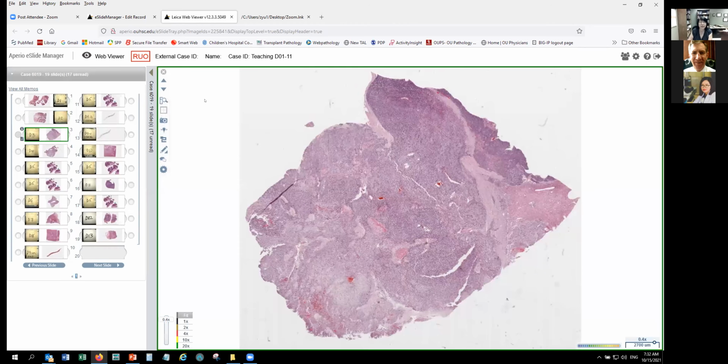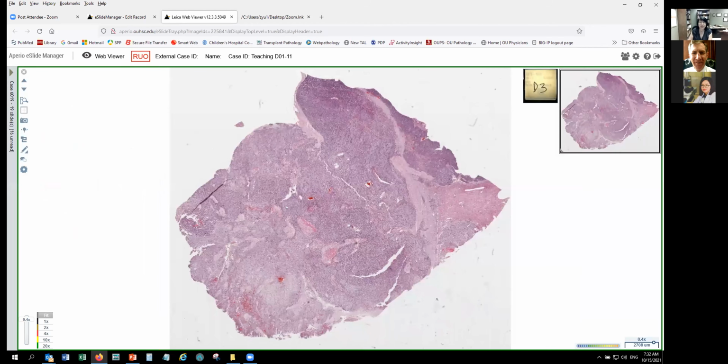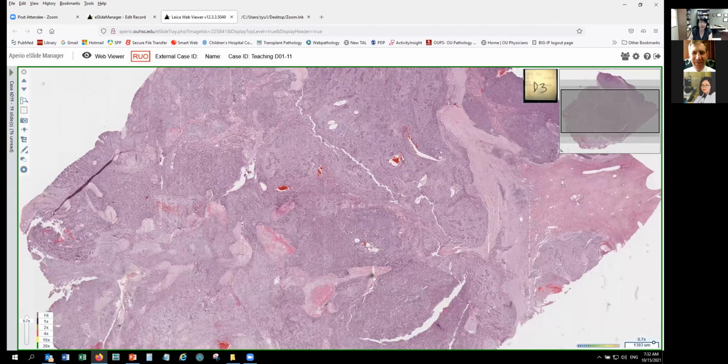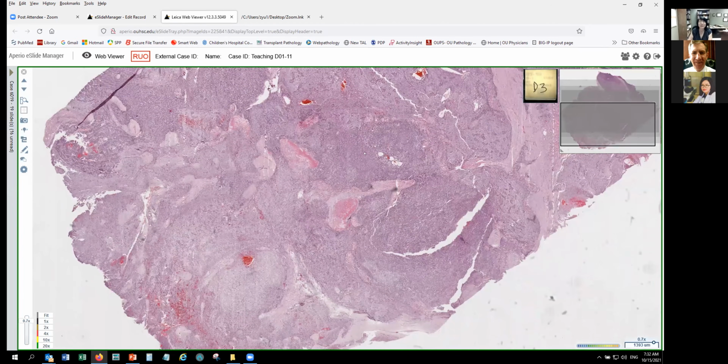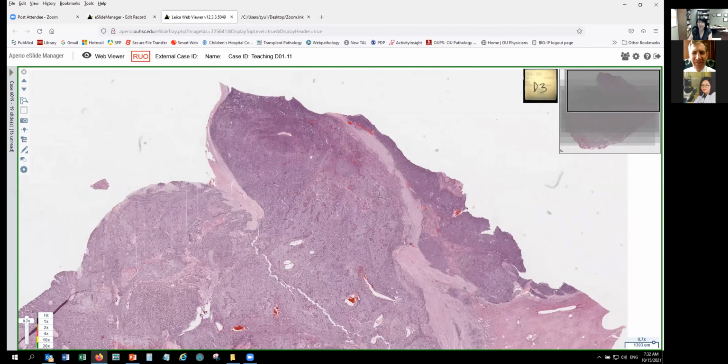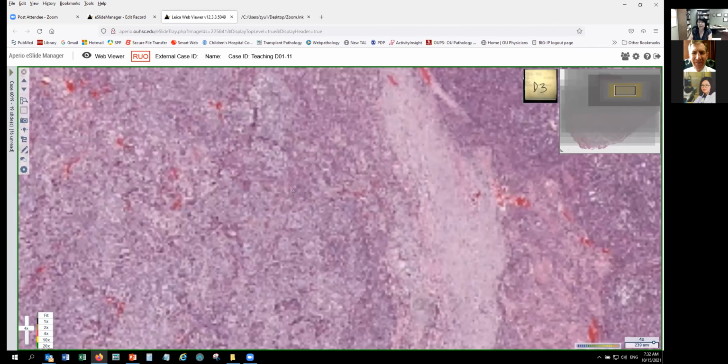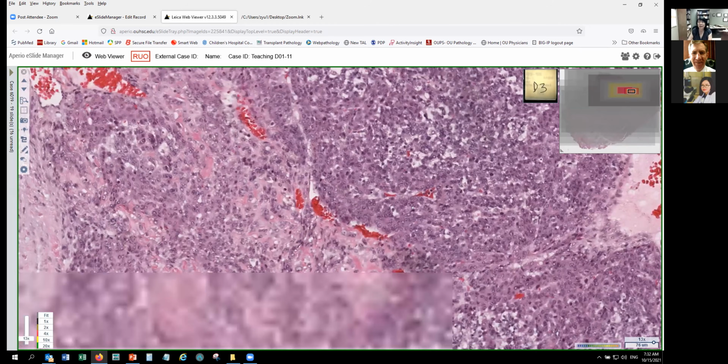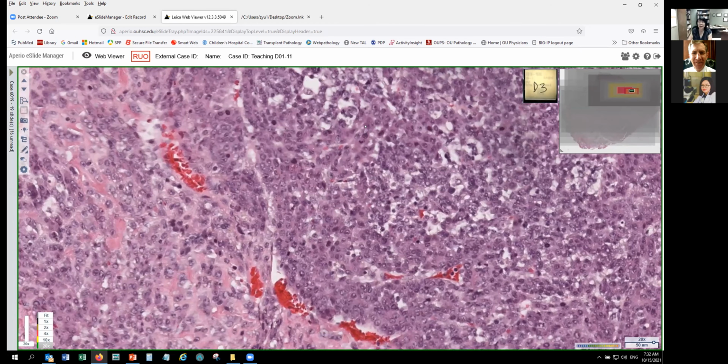D3, the same patient. Similar, you have like a dark area, light area. I want to show you this. This is more like a fetal type.